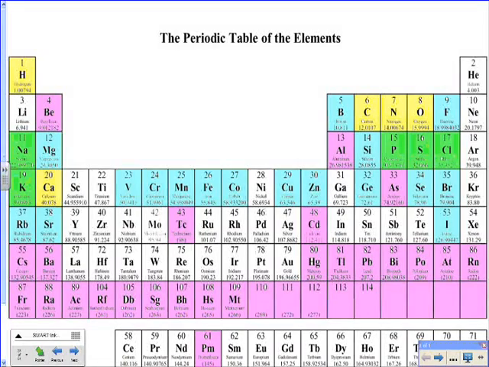Now, the modern way of labeling it would be to label 1 through 18. And so we just simply put every column has its own number.